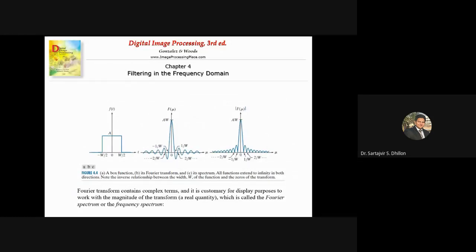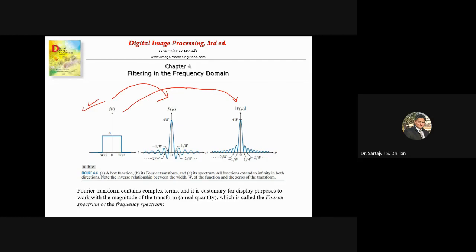And this is the first one. Here you can just check it out. There is a first figure which represents the function box, and there is a Fourier transformation of this function box. And further, the third one represents the spectrum. You can see that there is a spectrum of this function. And what is a spectrum?